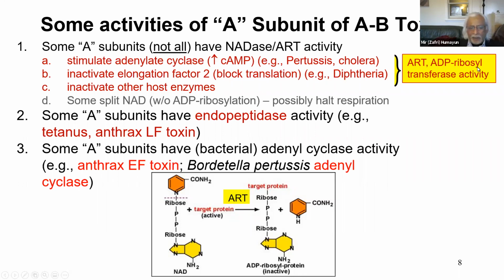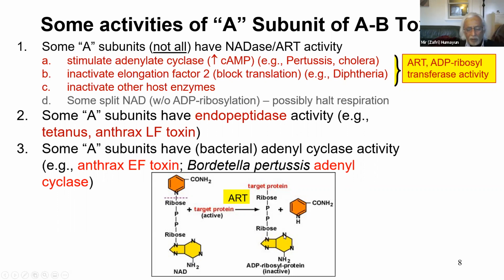So ART activity acts on NAD and transfers this entity, ribose, two phosphates, ribose, and adenine, to a lysine residue in a target protein. This is the so-called ADP ribosylation reaction.